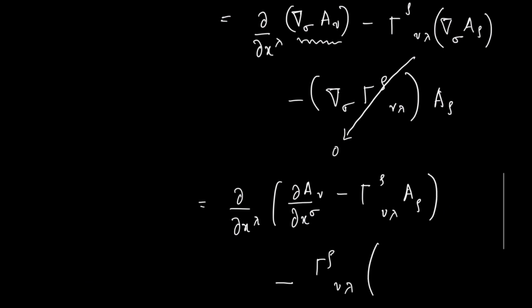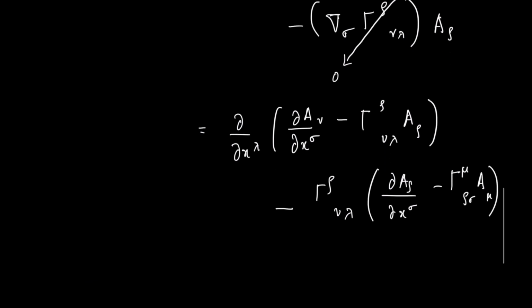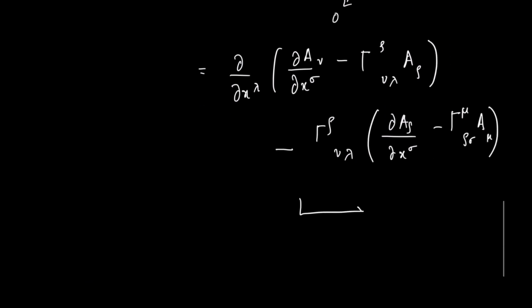Again I have to open this, so the partial derivative of A rho with respect to x sigma minus Christoffel symbol mu rho sigma A mu. Let this be equation number 2.